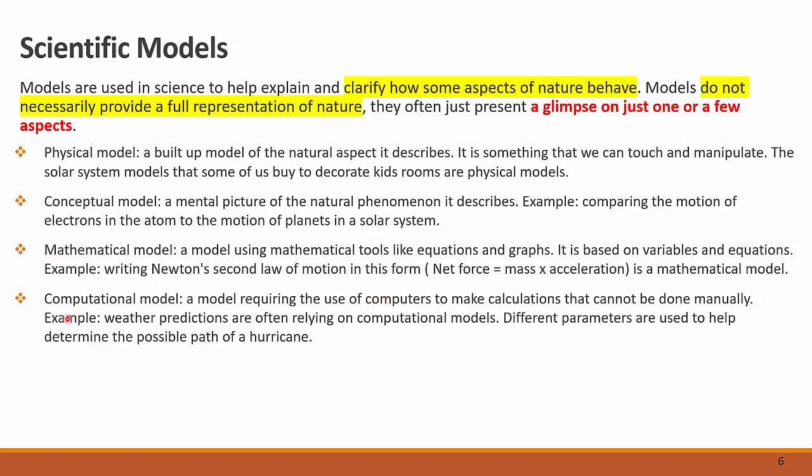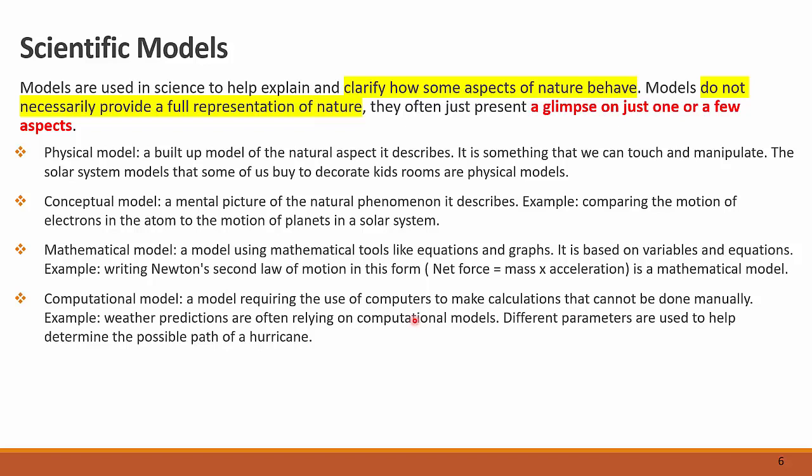Now, computational models are models where we cannot do the calculations by hand like the mathematical model. We take advantage of computational power. So this is where we make lots of calculations using computers to help explain natural behavior.